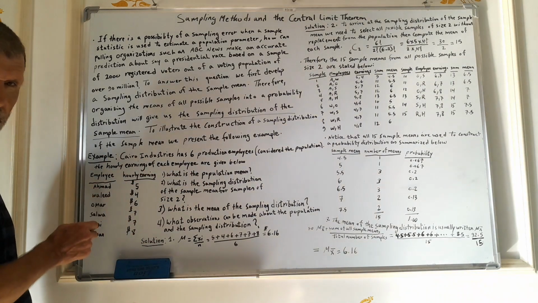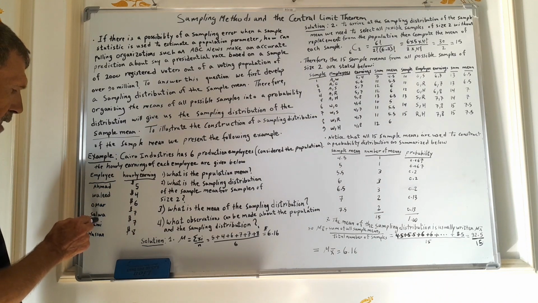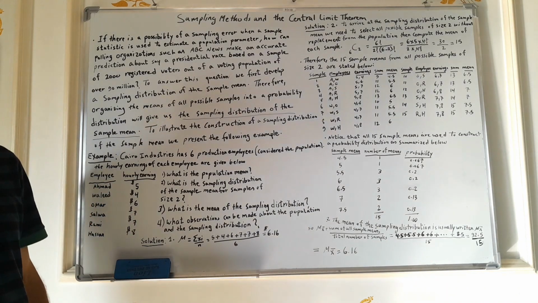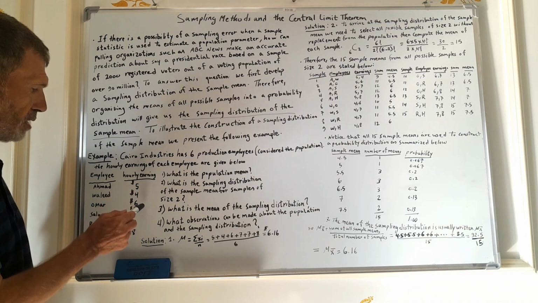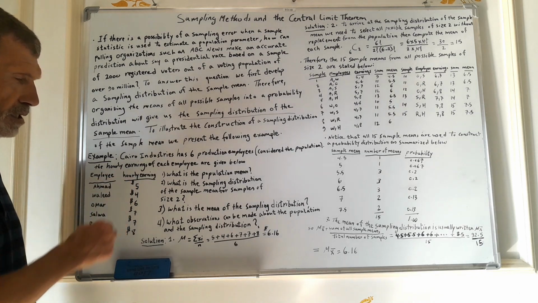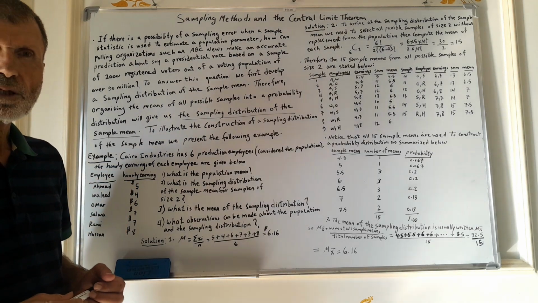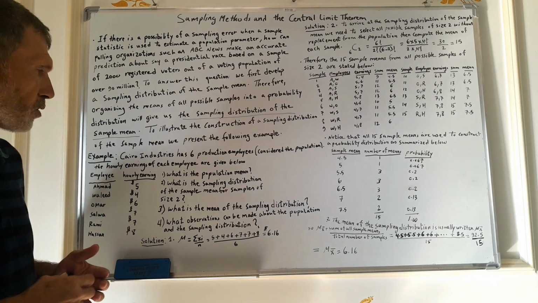So you have the employees and their names: Ahmad, Walid, Omar, Salwa, Rami, and Hassan. Hourly earnings, you get $5, $4, $6, $7, $7, and $8. These are the earnings or wages of those 6 employees, each employee, of course.